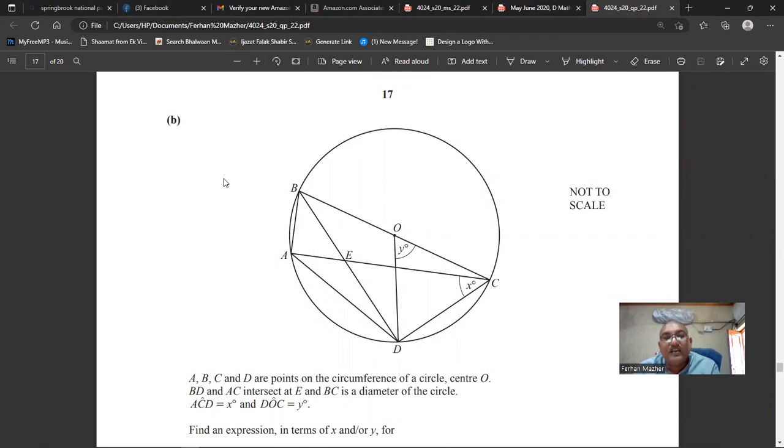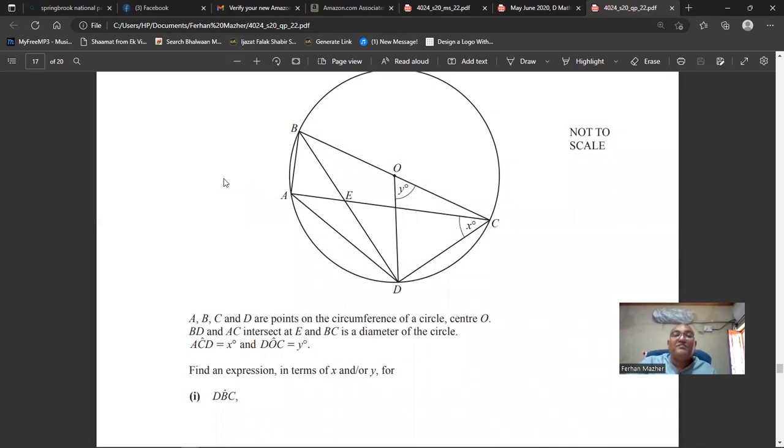ACD is x degrees, and DOC is y degrees. Find an expression in terms of x and y for DBC. So they want DBC. Okay.